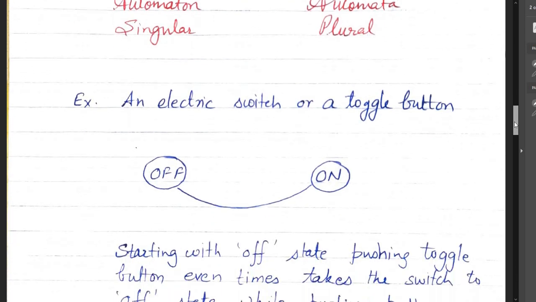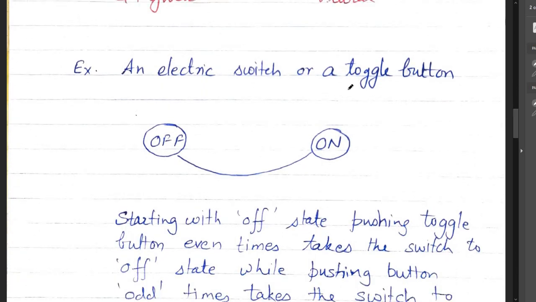So consider an electric switch or a toggle button. There is an electric switch with a toggle button. If you are at state off and you push it, you reach state on.